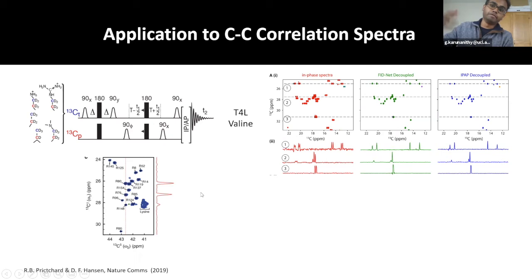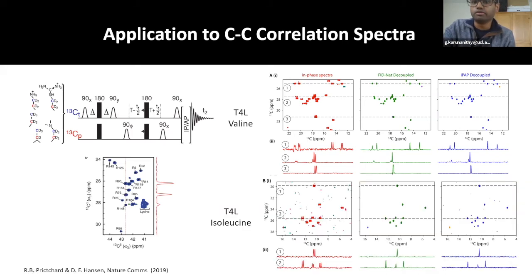The beauty of this is that the deep neural network doesn't care about what residue you've chosen to look at. As long as the coupling is the right size, it's trained to decouple it. So you can also do this on isoleucines, but you could do it on any residue where you have this same kind of coupling. You could argue the CC correlation spectra are kind of easy because you don't actually have that many peaks. There's not too much overlap.